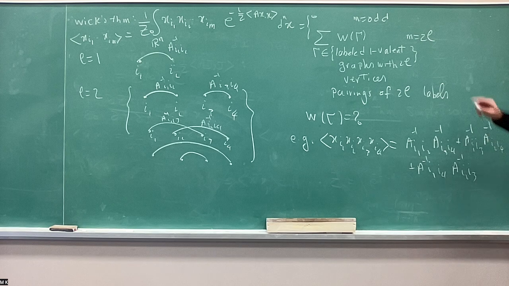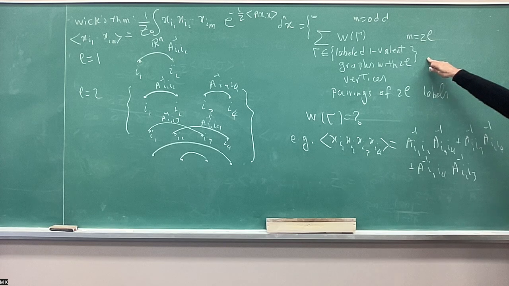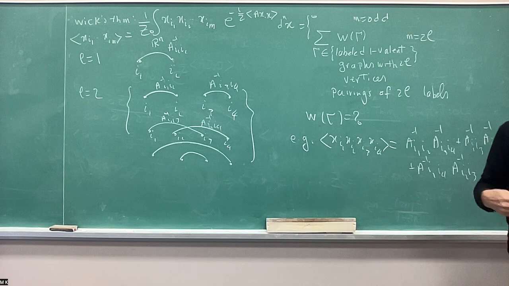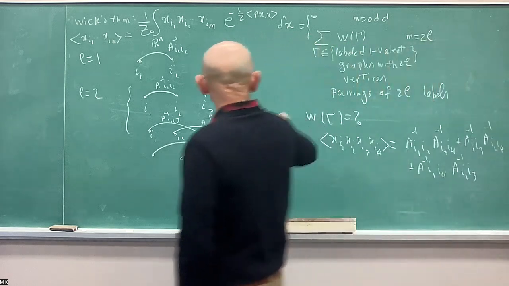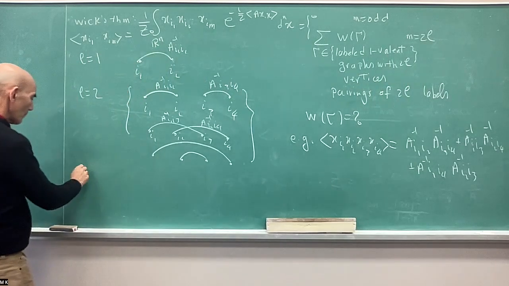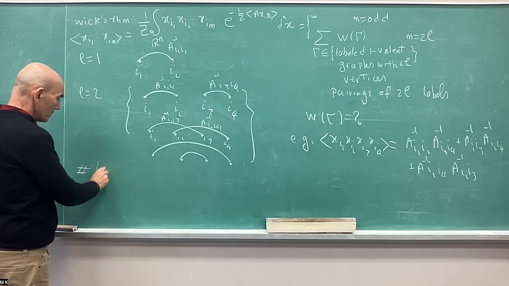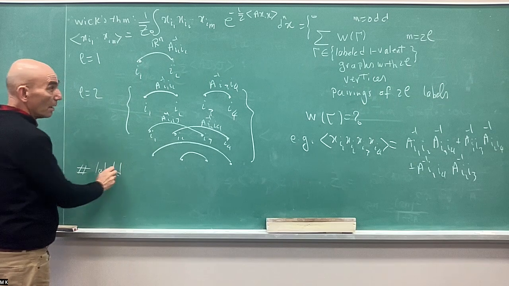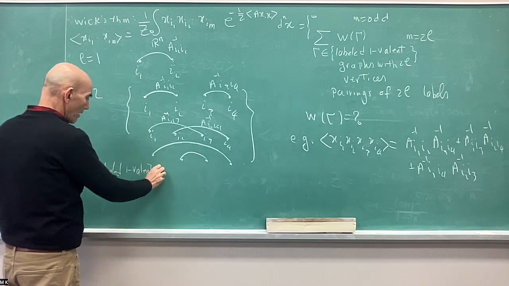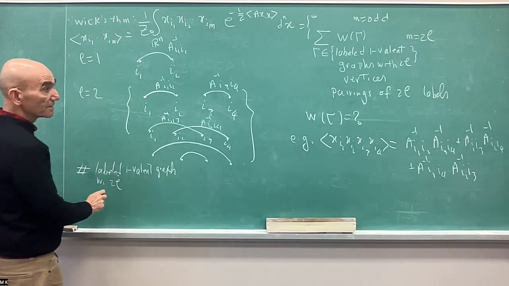So now this will have 2L minus 1 double factorial pairings, the number of labeled one-valent graphs with 2L vertices.